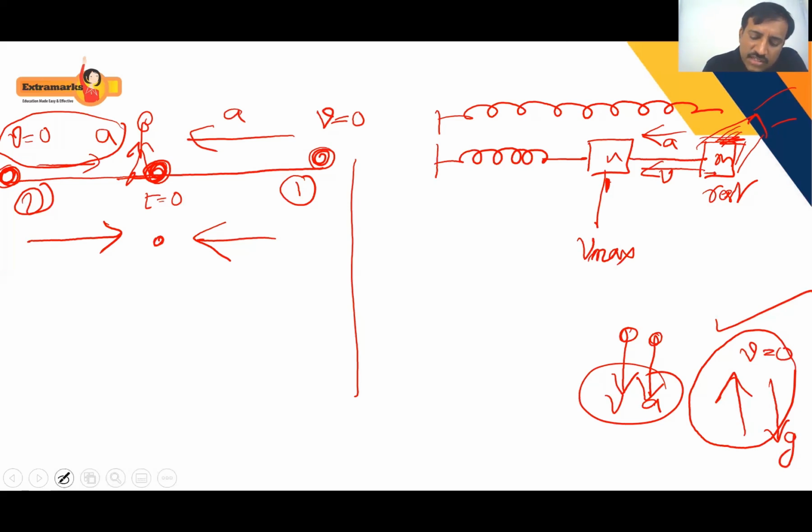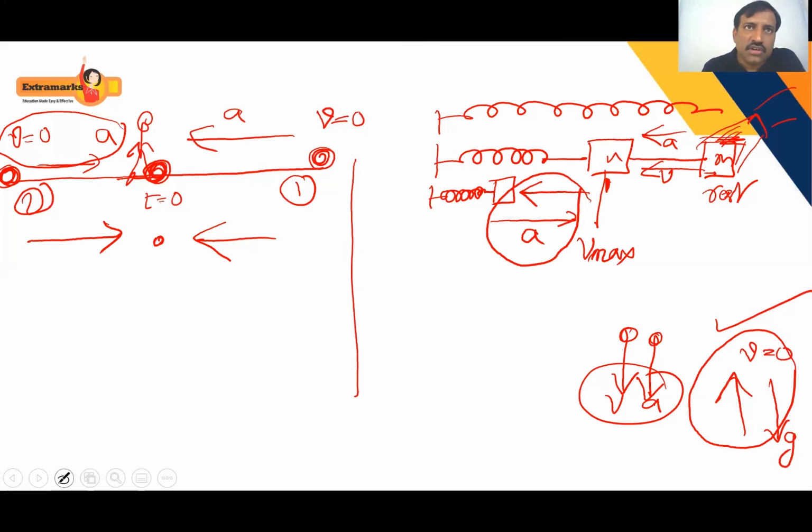Now after this, the spring starts compression. So obviously it will retard. Why? Spring force is in this direction, meaning acceleration is in this direction, velocity is in this direction, both are in opposite direction, so speed goes on decreasing.